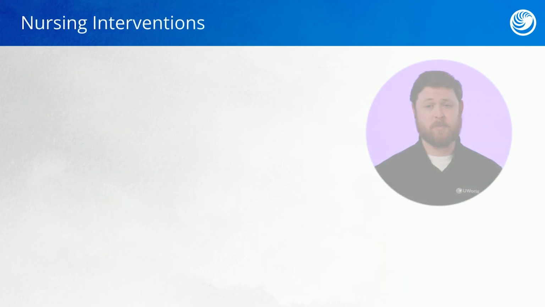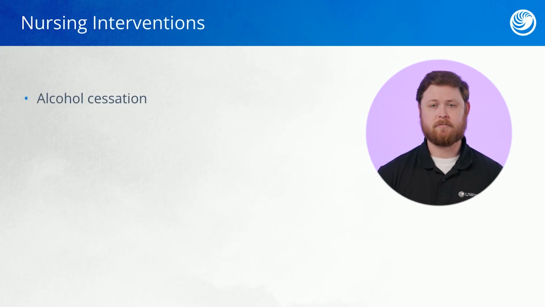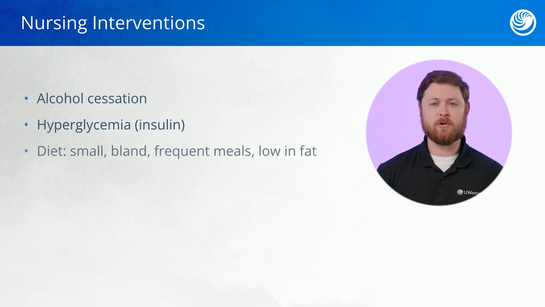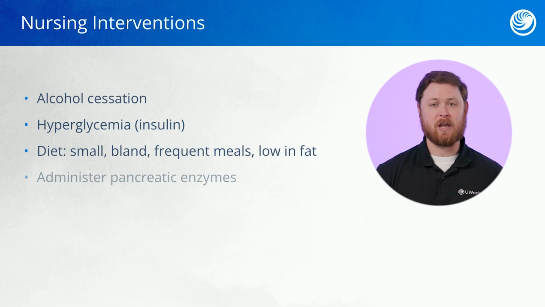Because alcohol is the most common cause, one of the first things that we're going to do for patients with chronic pancreatitis, again, is to encourage that alcohol cessation. If hyperglycemia is present, we're going to treat it with insulin. And we're going to encourage small, bland, frequent meals that are low in fat, again, to help with the digestive process. Along with these changes in diet, we're going to want to give the patient pancreatic enzymes.